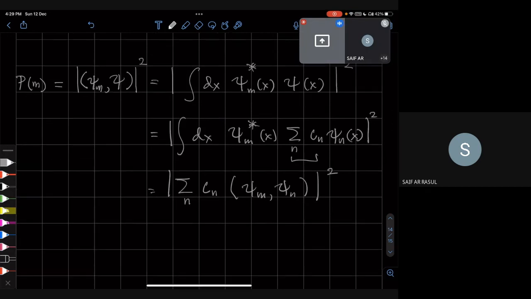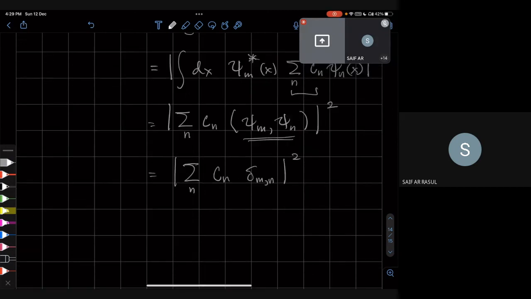But we assume that they are orthogonal to each other, which I haven't proved yet, so that gives Cn delta m n, whole squared. So if I now do this sum, it will be replaced by just Cn modulus squared.